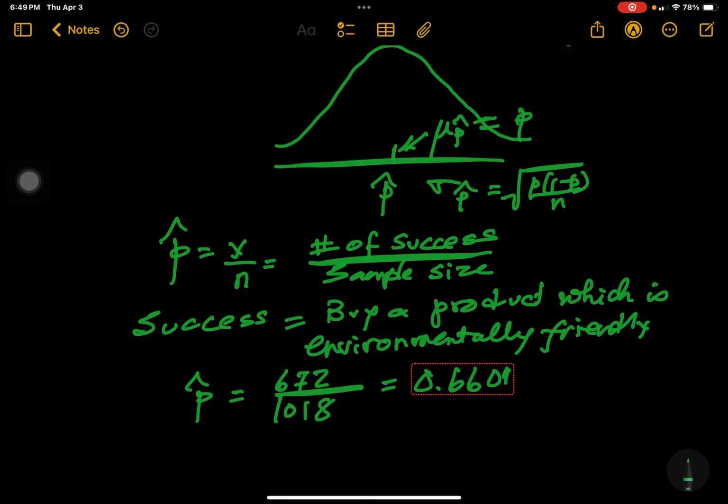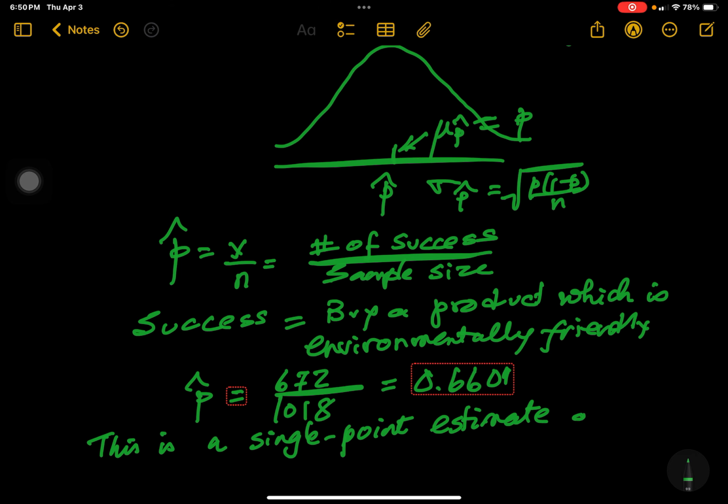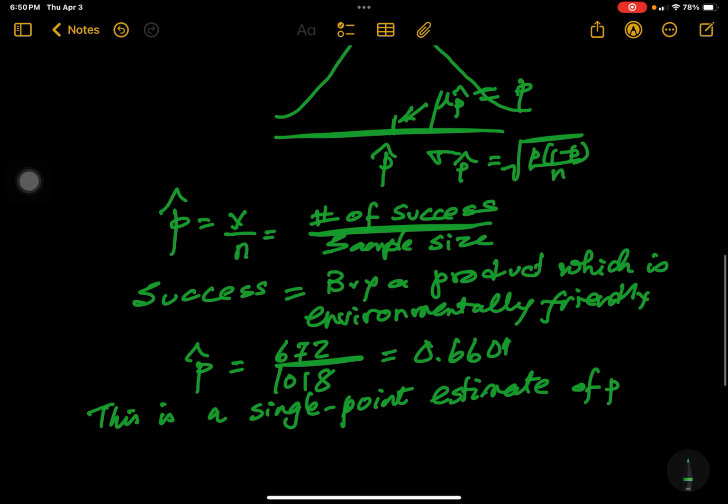So this is a single point estimate of p. They did not mention the population proportion, so we will use this value of p hat as a single point estimate of p.